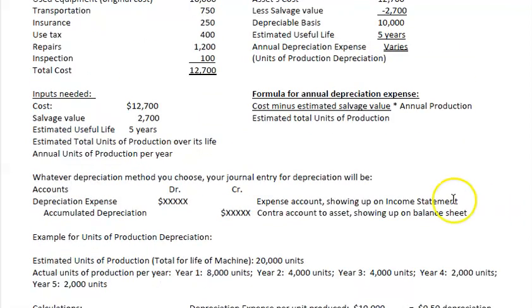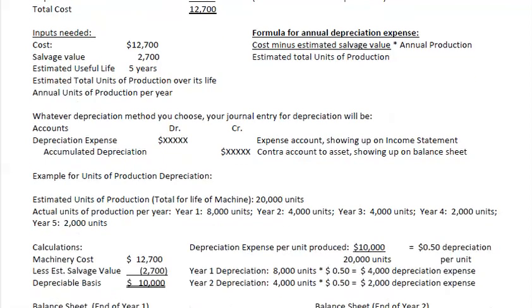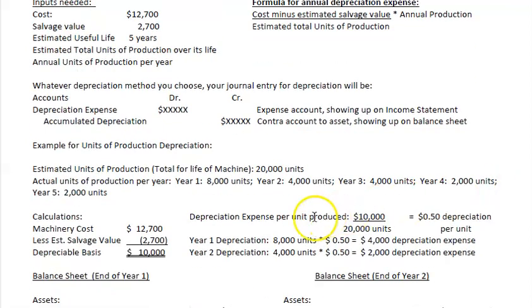And then we're going to multiply that by the annual production of this machine to get its annual depreciation expense. So we're going to see $10,000 divided by 20,000 units gives us 50 cents depreciation per unit.